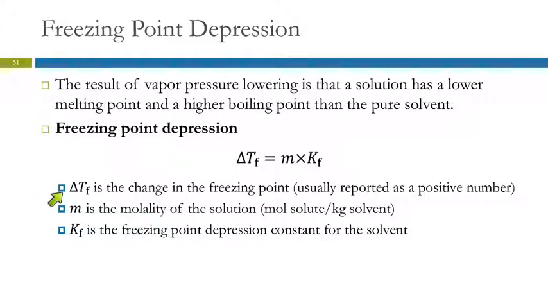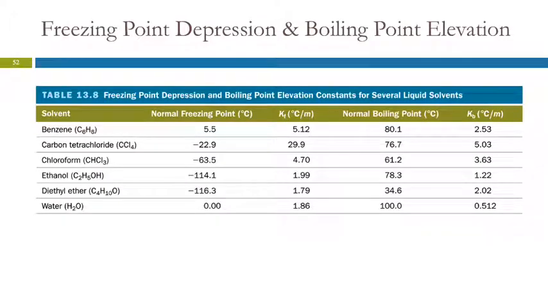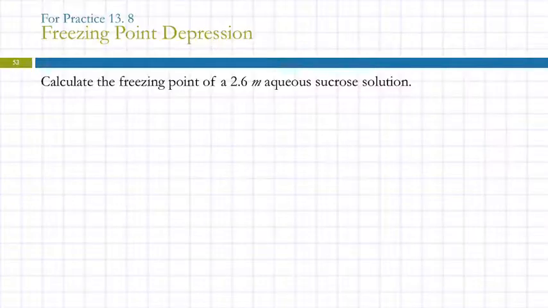The change in the freezing point is actually a negative number, but for some reason everybody's decided to report it as a positive number. Because it's a freezing point depression, so the depression tells us the negative part, I guess. Here are the constants. Here we've got the freezing point depression, and we're going to see that the same equation works for boiling point, just using the boiling point elevation constant. So you would look those up.